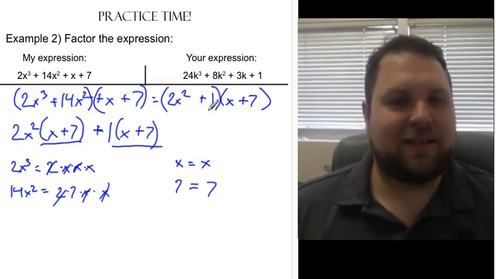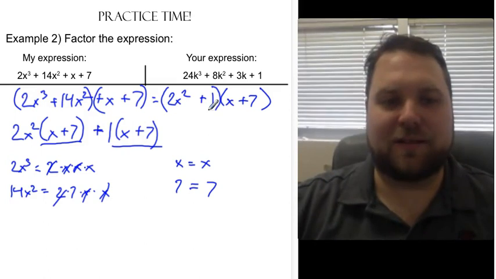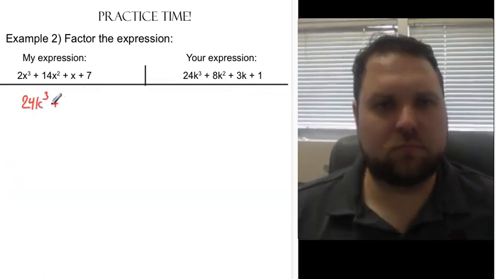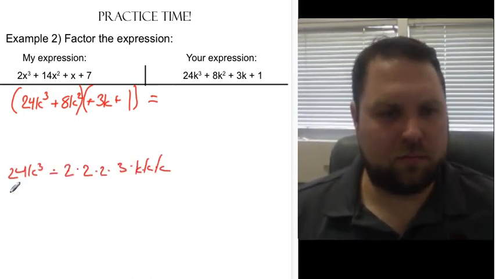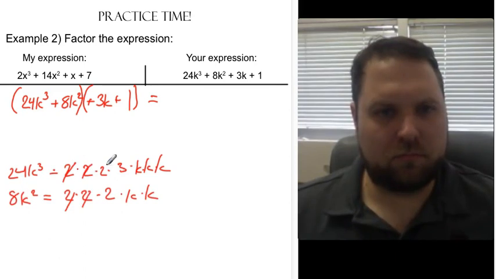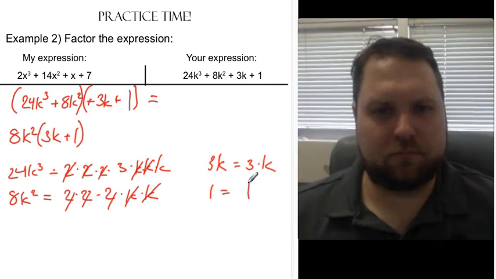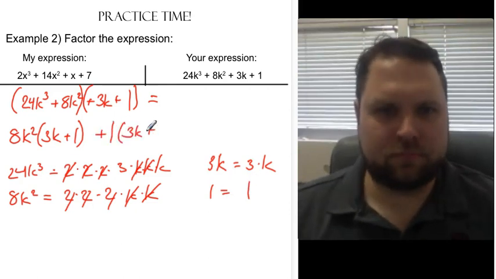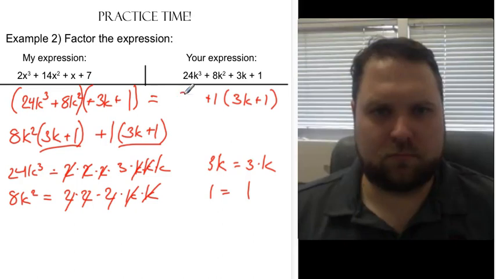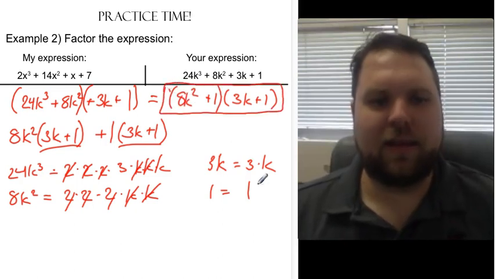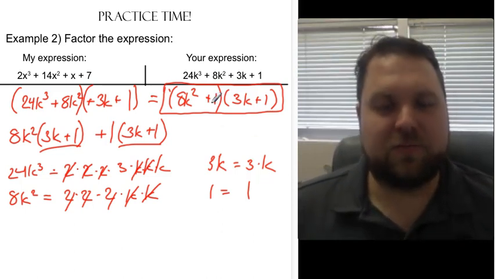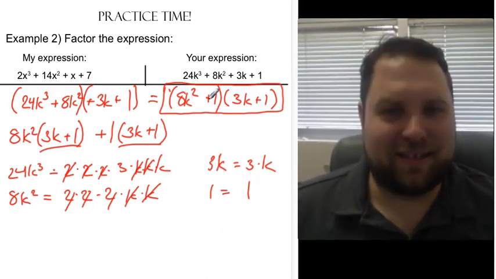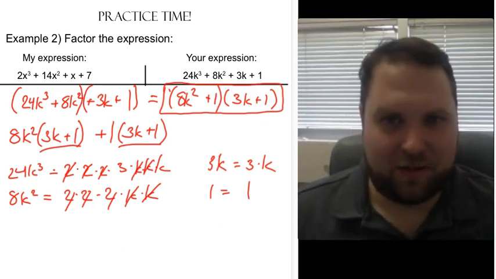So now let's check yours and make sure we're on the same page. And there you can see I have two binomials that, when I multiply them, give me your expression back. Whew.